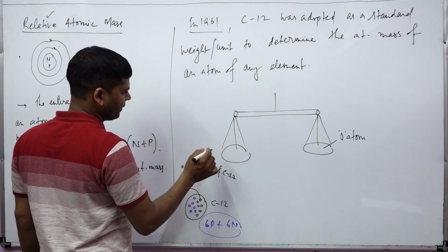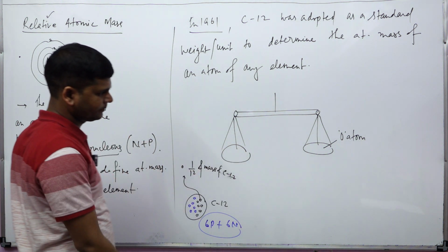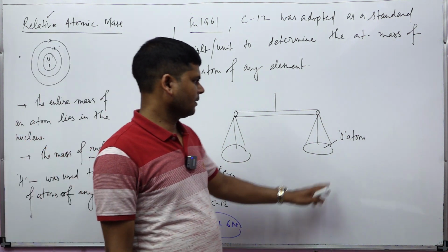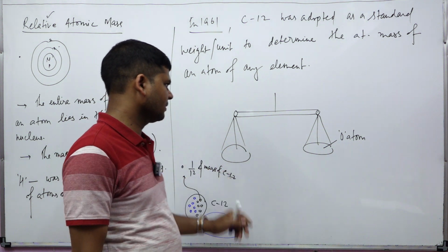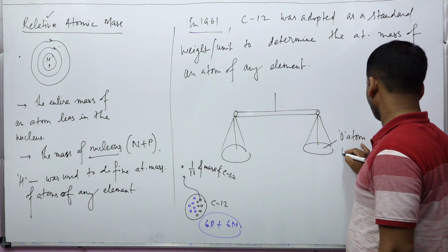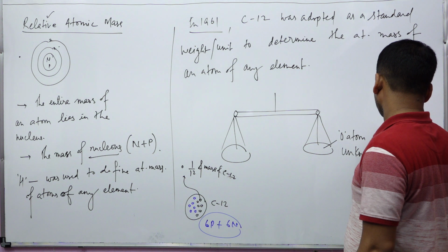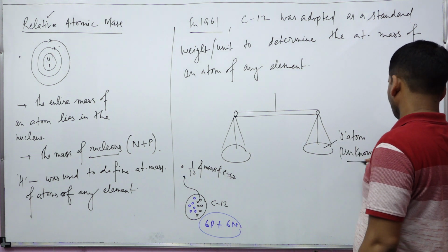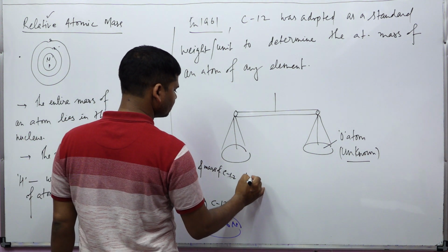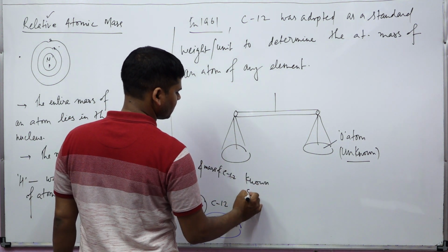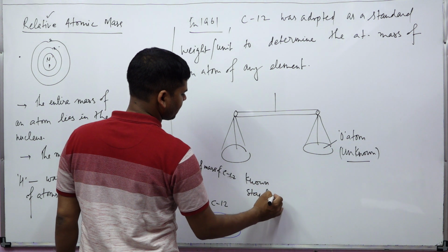Now, if I wish to compare an oxygen atom using this one, let us say this one is the unknown quantity, but this is known to us. This is the known standard weight.